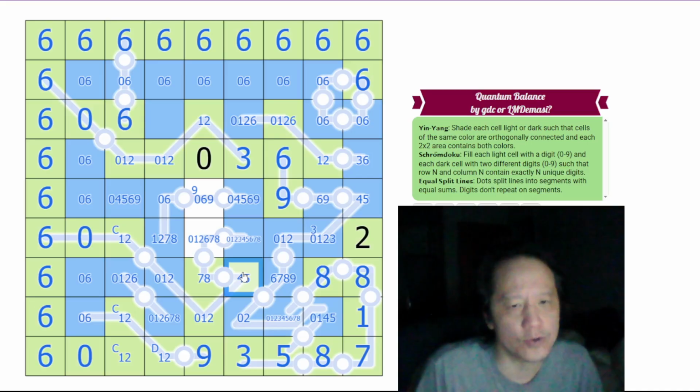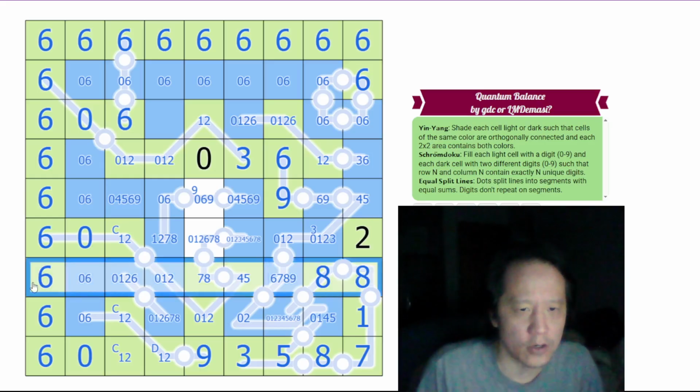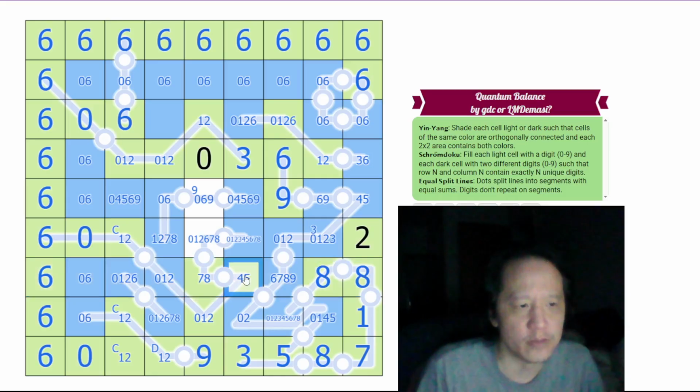This is 4 or 5. We don't have 3 available at all in row 7. We have only 1 out available out of 4 and 5. That limits 2 digits already.